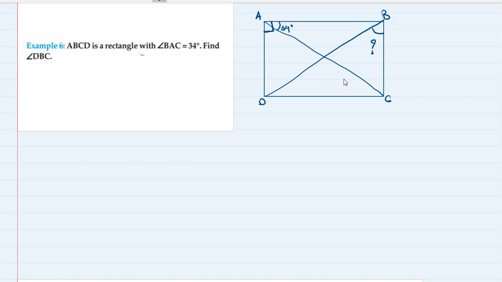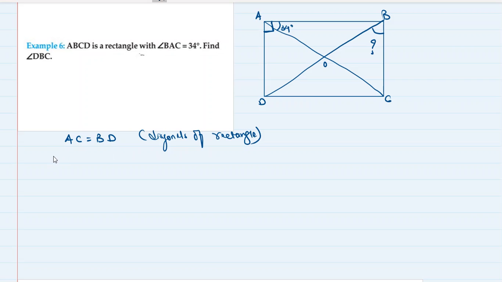Okay. See, this is very easy. We know that AC is equal to BD. Diagonals of a rectangle are equal to each other. AC is equal to BD.